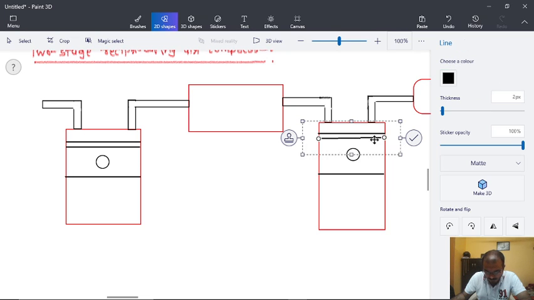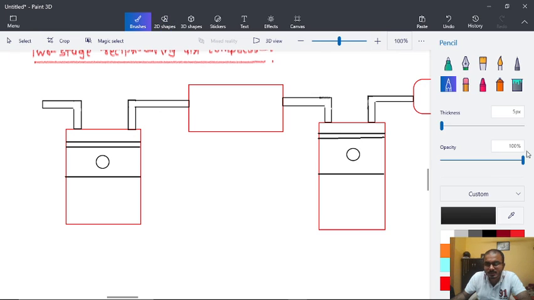Here, this is the low pressure cylinder.